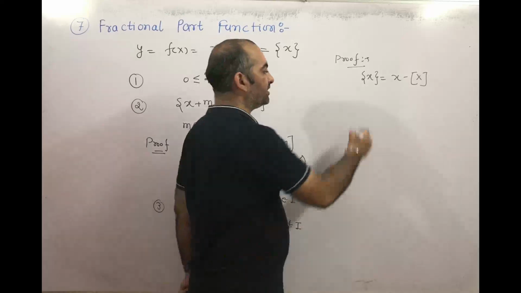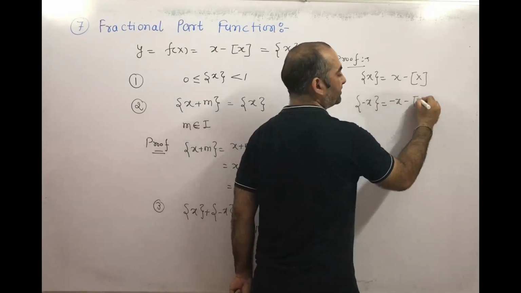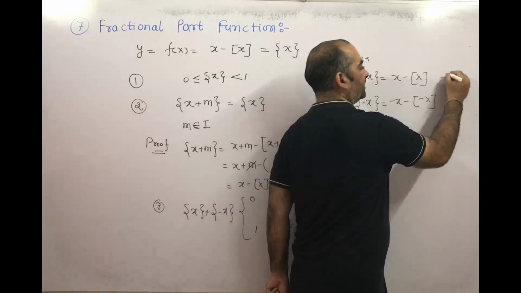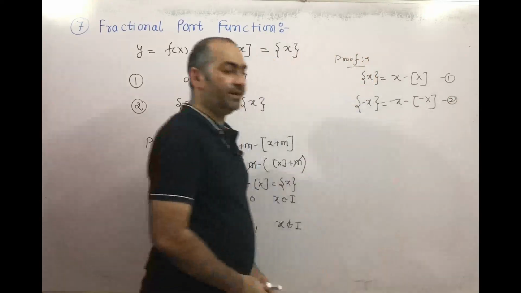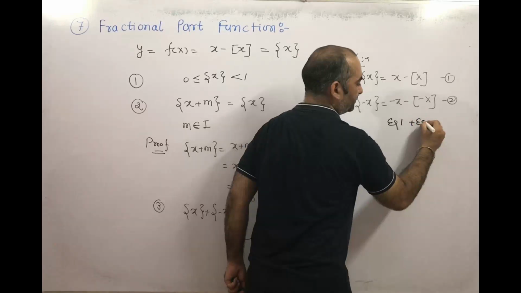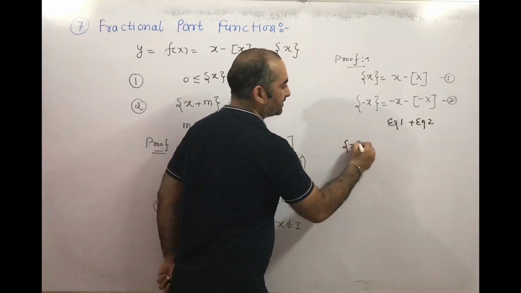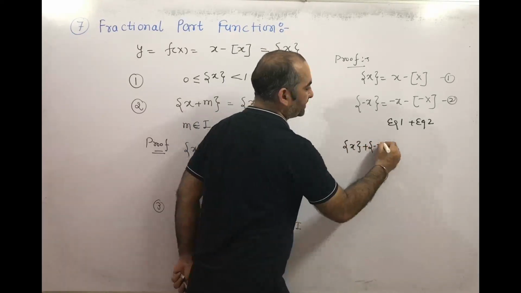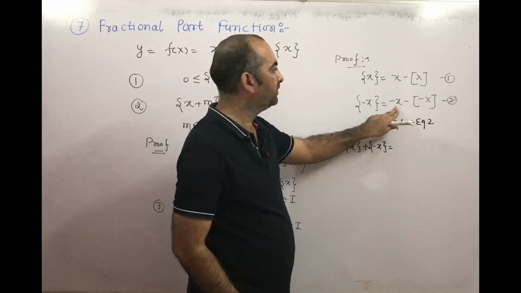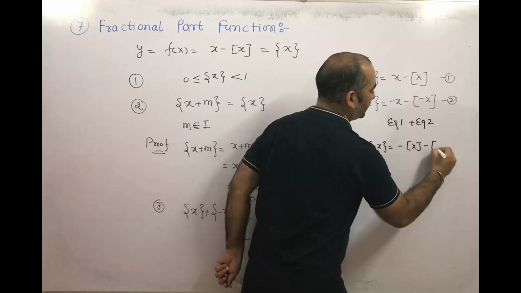Now what is the fractional part of minus x? This will come out as minus x minus the greatest integer of minus x. This one we take as equation 1, and this one as equation 2. Now what you will do is equation 1 plus equation 2; both equations we are adding. So the fractional part of x plus the fractional part of minus x equals, adding these, x plus minus x, which is 0, and then minus the greatest integer of x minus the greatest integer of minus x.